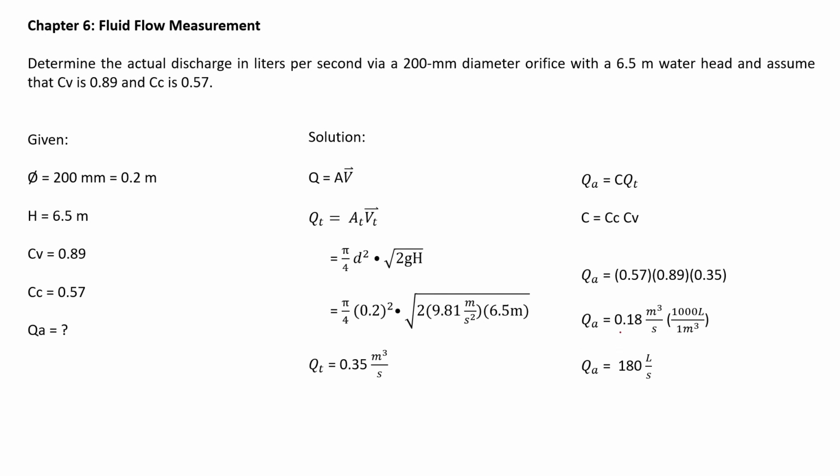If we calculate this, we will have a value of 180, and the cubic meter unit will cancel out, leaving a remaining unit of liters per second. So our actual discharge is equivalent to 180 liters per second.